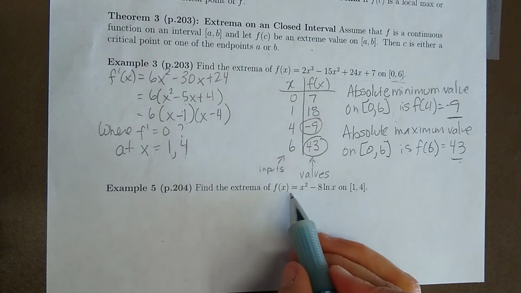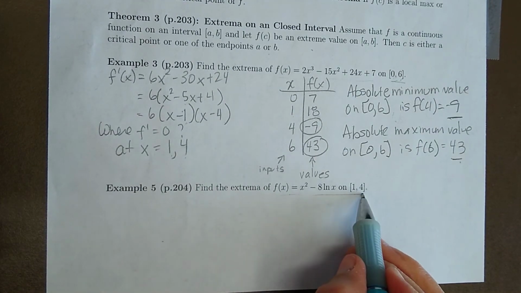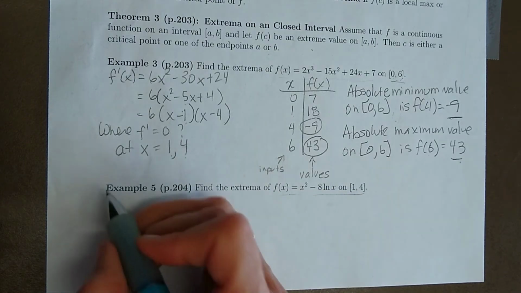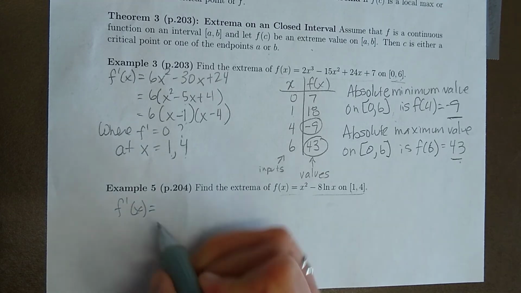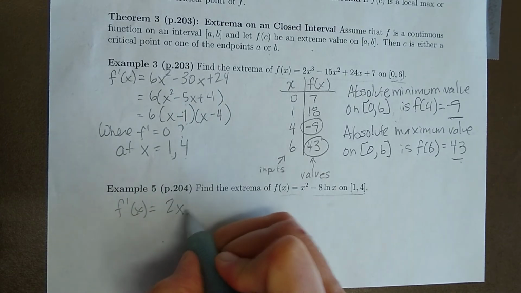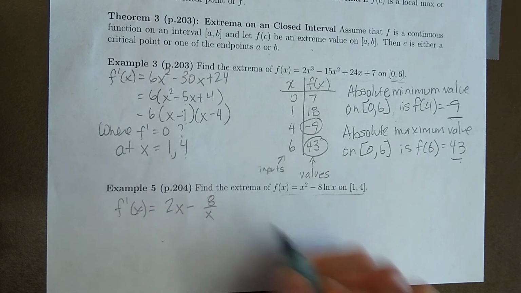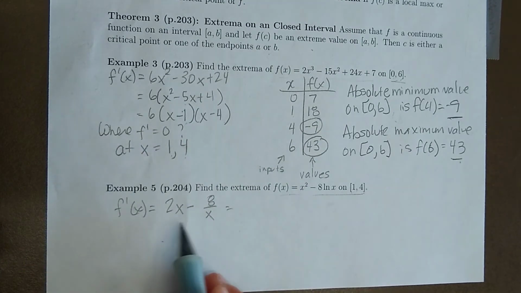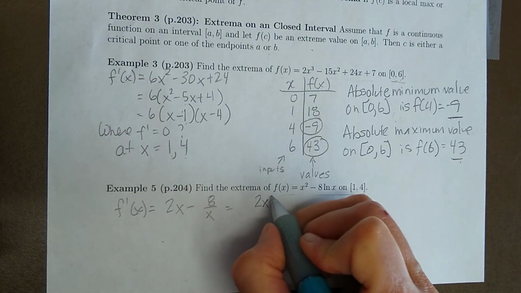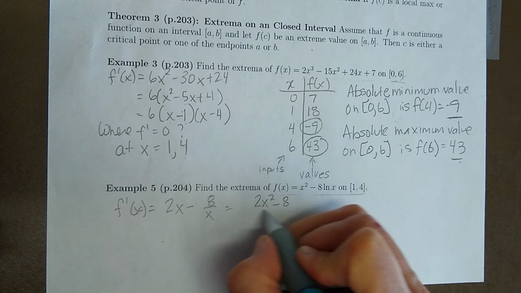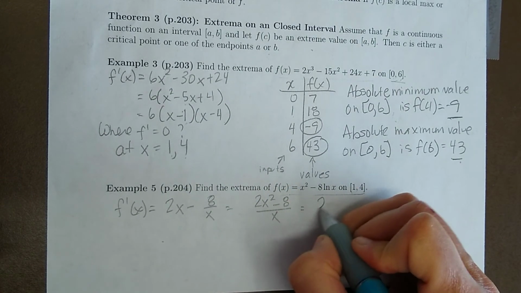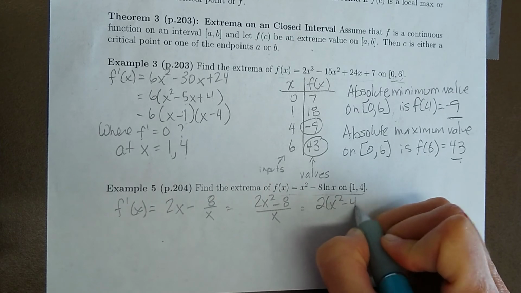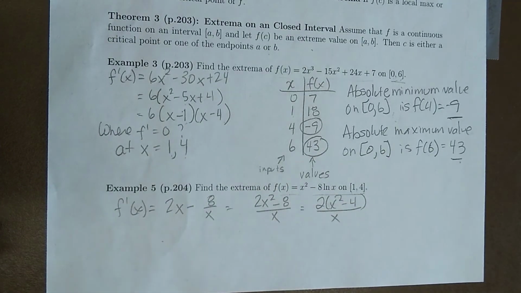Okay, and then to find the extrema for this function on the interval from 1 to 4, we're again going to need the derivative. Which I'll rewrite by getting a common denominator as 2x squared minus 8 over x, and that is 2 times x squared minus 4 over x.